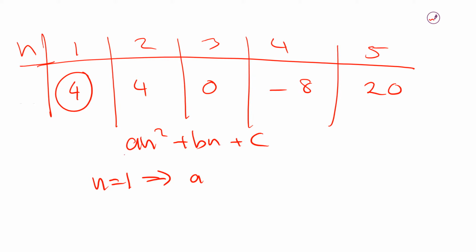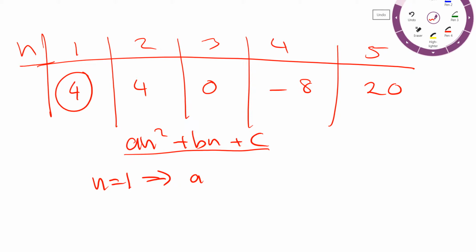So, we know it's going to look like this: an squared plus bn plus c. It could even be 0 n's, it could just be 2n squared minus 5, or something like that. Or minus 1n squared, but basically I'm saying it could have no bn. We don't know what b is. B could be 0.